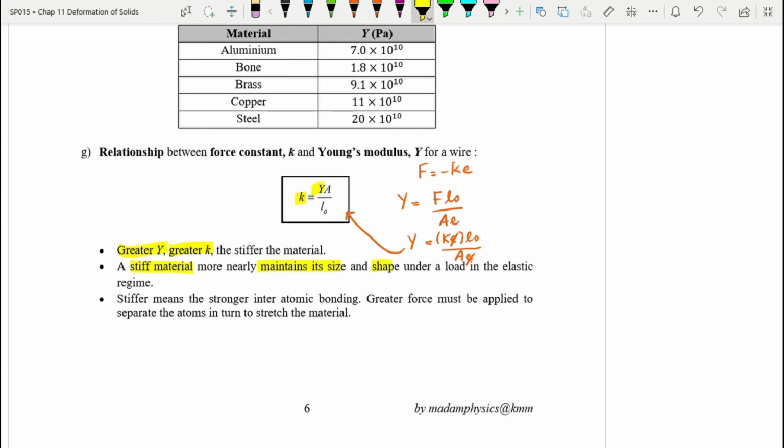Okay. So, stiffer also means stronger inner atomic bonding. Imagine you want to break the atomic bonding. So, means you need a very large force to break the bond. Okay, so itu maksud stiffer material. So, just nak menunjukkan relation between K and Y. So, it's actually directly proportional.